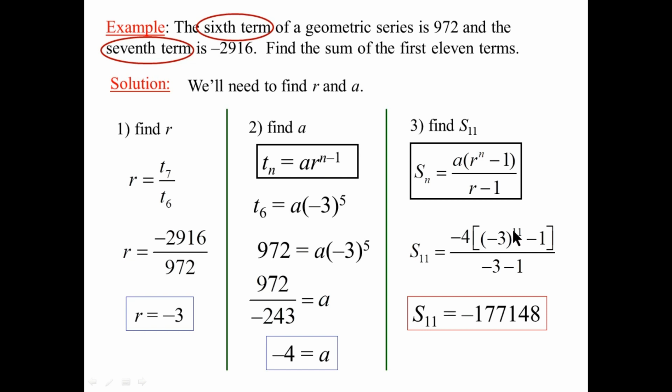And on a calculator, negative 3 to the 11 subtract 1, because the negative 4 canceled with this negative 4. So all you need to do on a calculator is negative 3 to the 11 subtract 1. And so this scary looking problem can be boiled down to a couple of steps, and we have S sub 11.